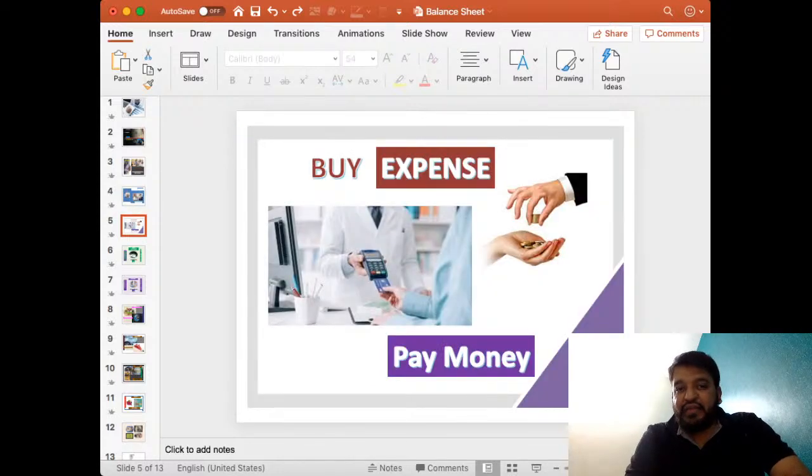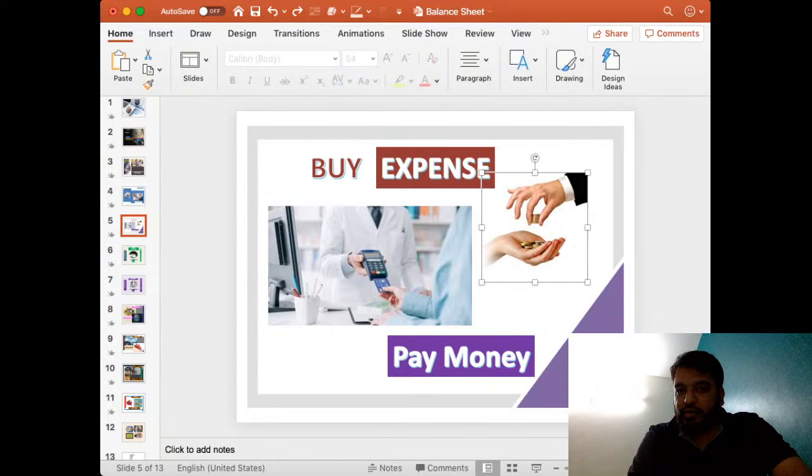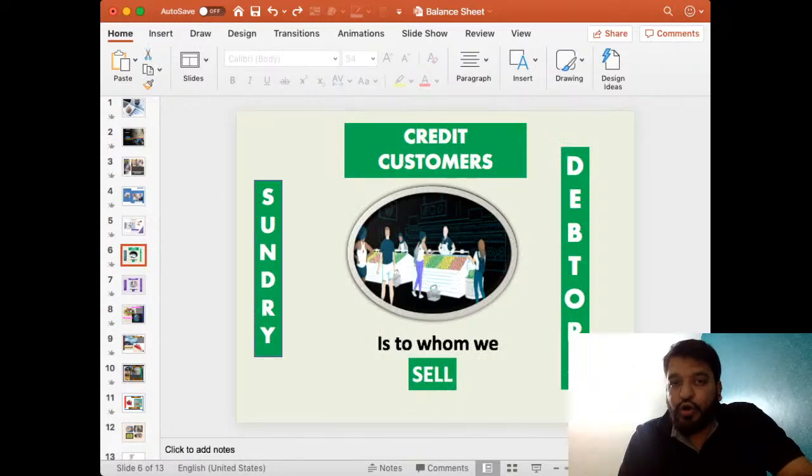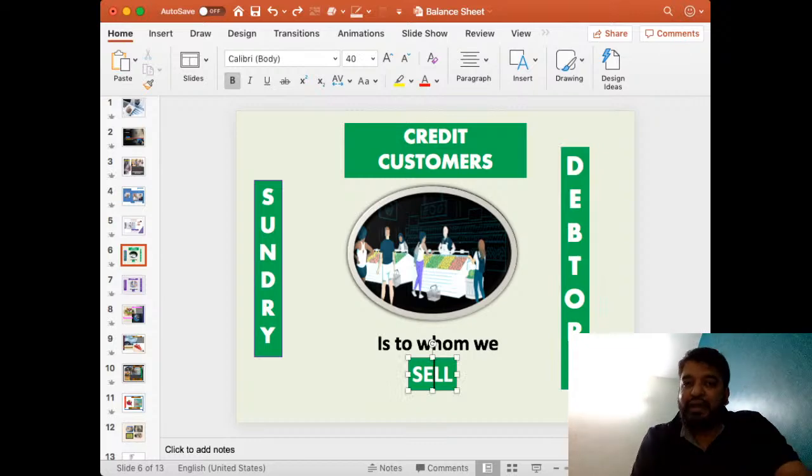And if you buy something, it could be a service or a product, and pay money for it, that's called an expense. Now, those customers who buy from you on credit are called sundry debtors. Okay, to whom we sell, or who buy from us.